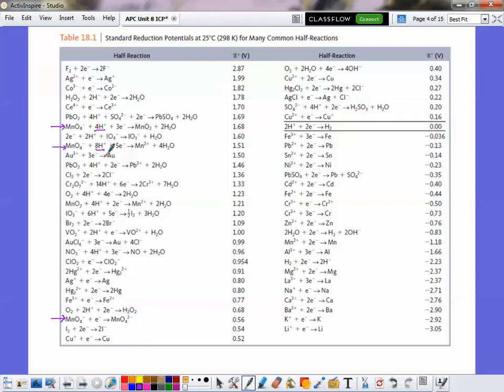Now, without any other information, we actually don't know which one of these we should be looking at, so we can use either one. It's fine because it's not like the bromine or the calcium's in between. So we have 1.68 or 1.51.